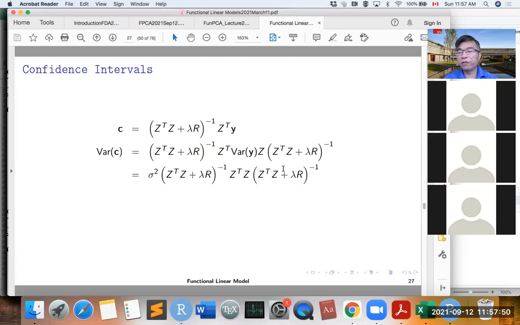If we assume that the y's are i.i.d. with variance sigma squared, we can take the variance of y equal to sigma squared out in front. Then we can estimate sigma squared using the sum of squared errors divided by n minus the degrees of freedom. The degrees of freedom is the effective degrees of freedom we calculated, which is equal to the trace of the smoothing matrix.